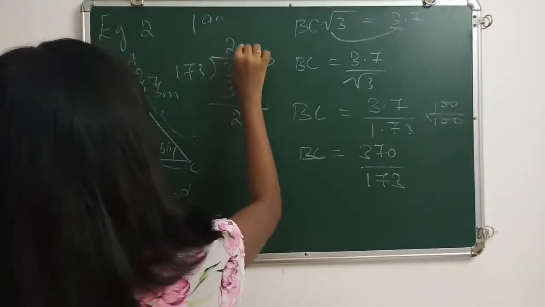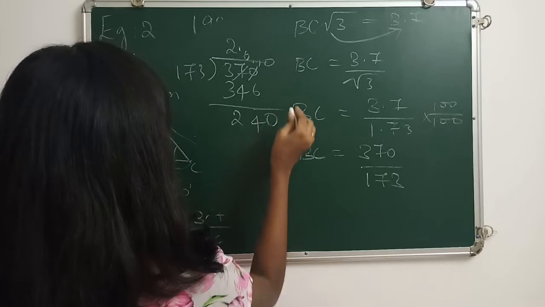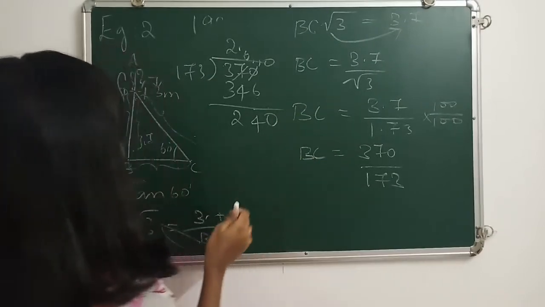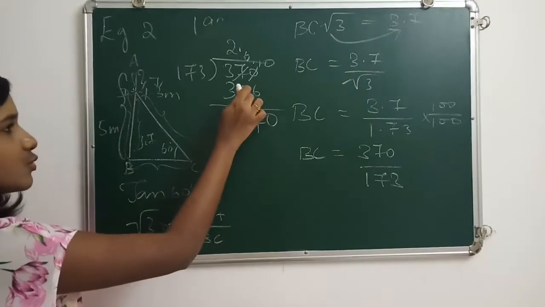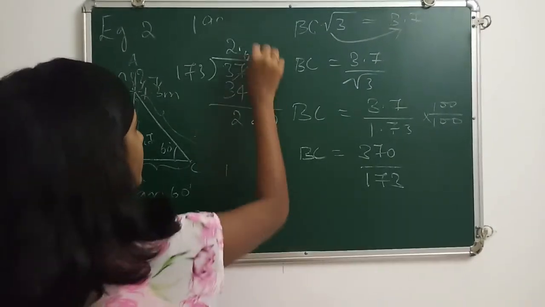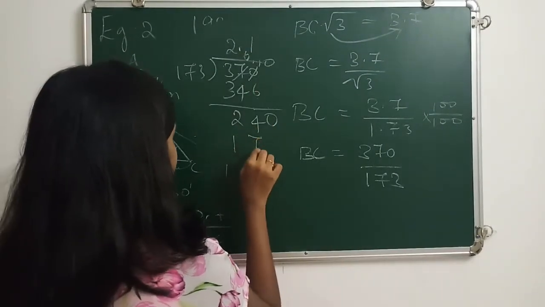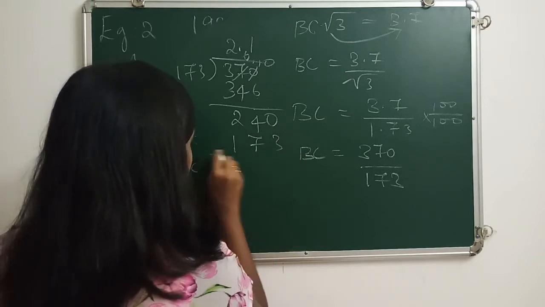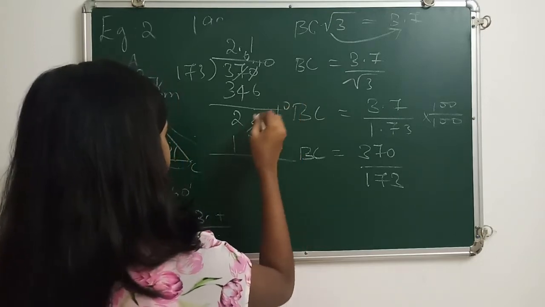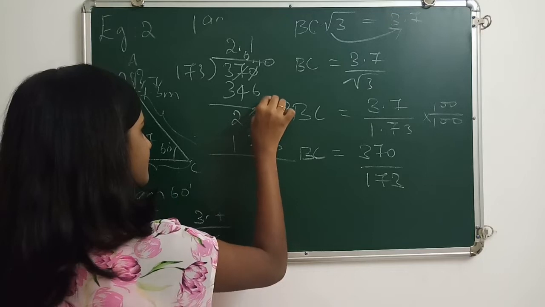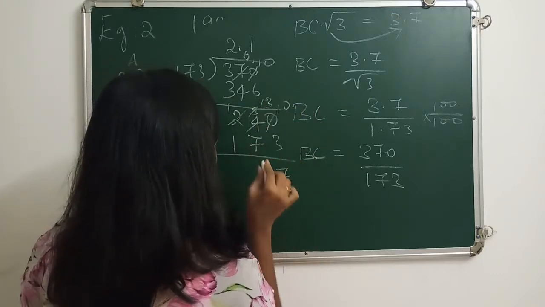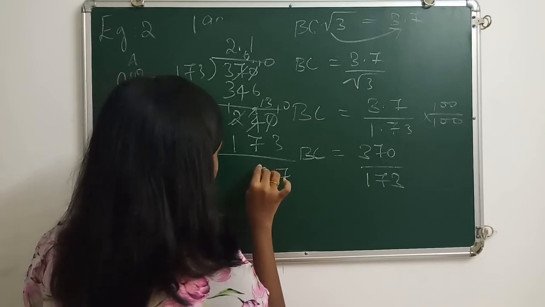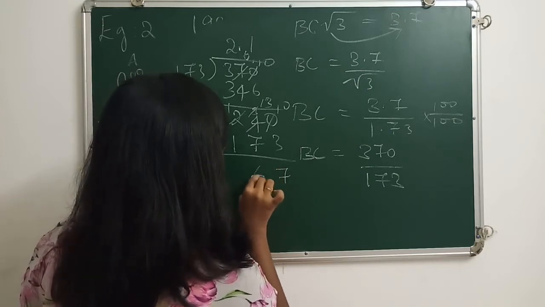Now we can add a decimal point and we can add in 0 here. Now we got that 173 into 2 to be 346. So we can take 1. So 173. We subtract it. We get 7. 13 minus 7 is 6.